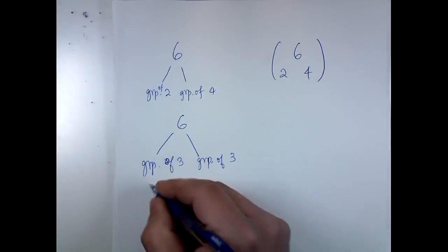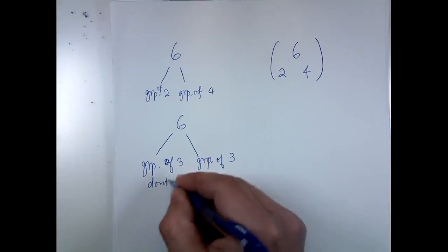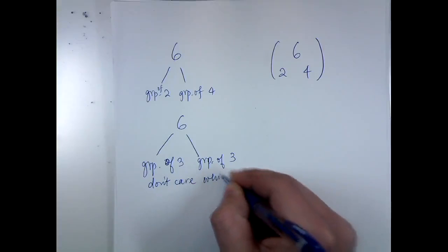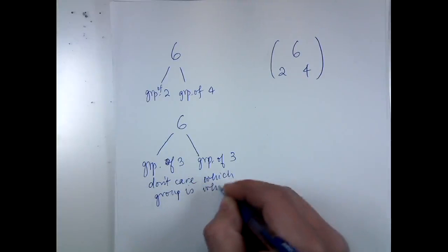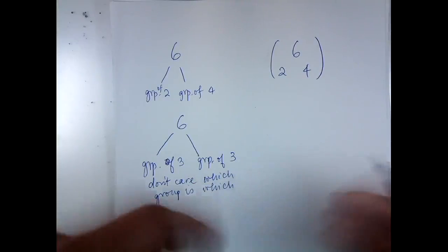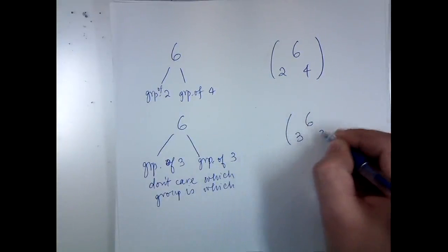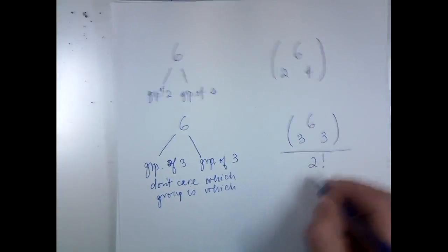And I'll make the question more explicit, because I said it depends a bit on the phrasing. I don't care which group is which. I just care that there are 2 groups. So the labelling of the groups doesn't matter. 6 choose 3. Sorry, I could have of course just said 6 choose 3, but then I have to divide by 2 factorial.